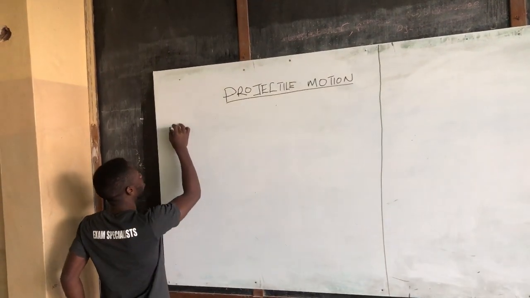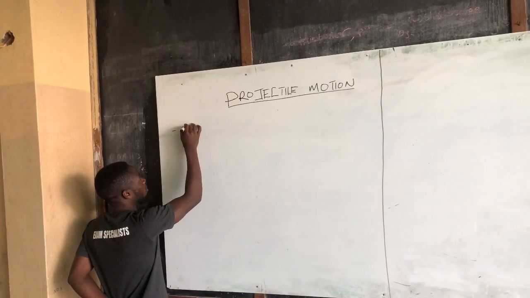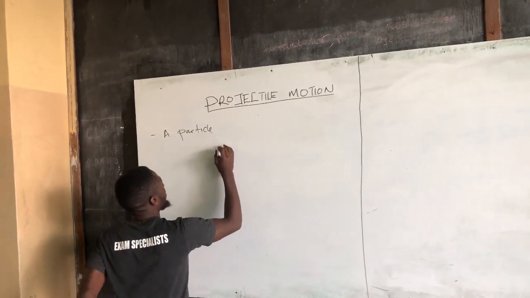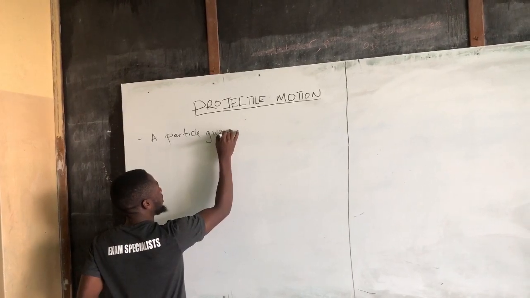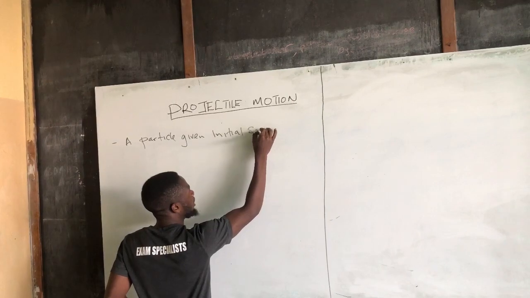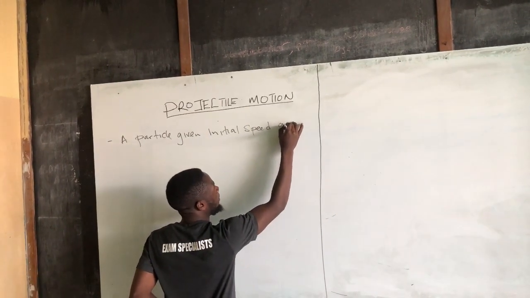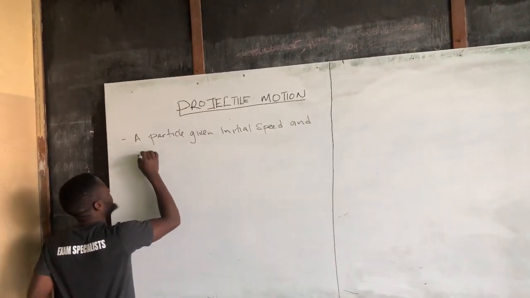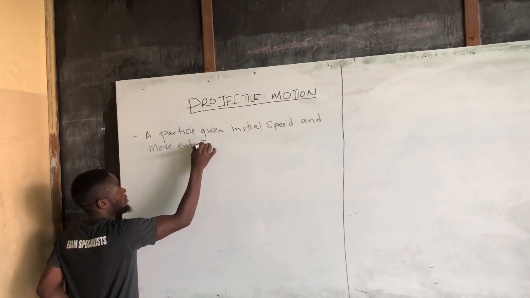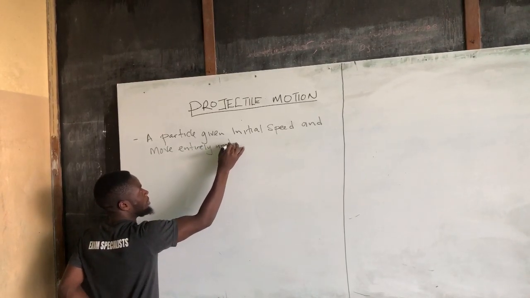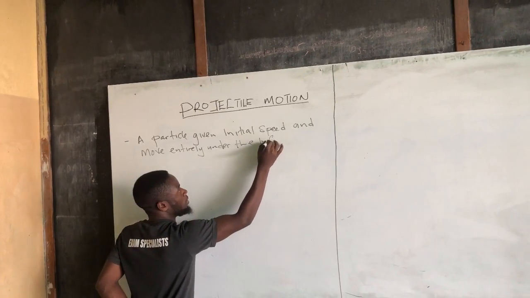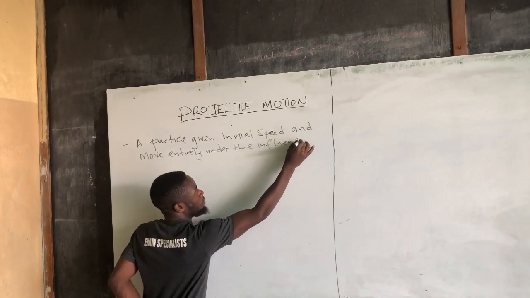So a projectile is a particle given initial speed and moves entirely under the influence of what?